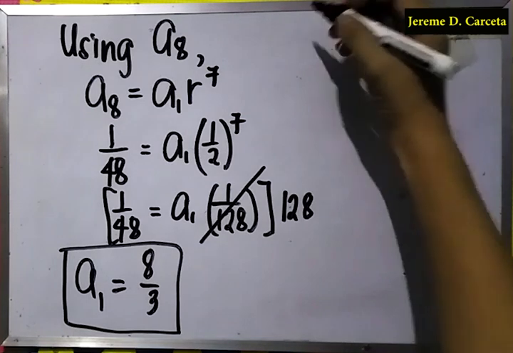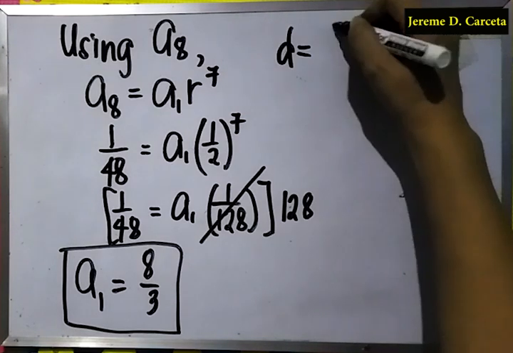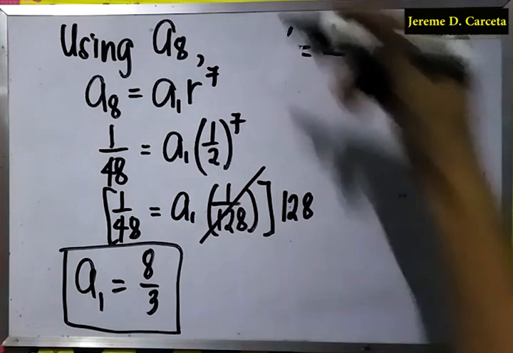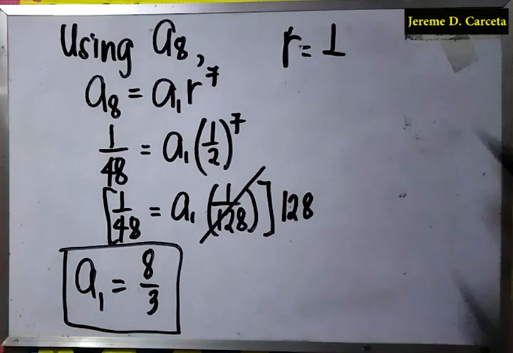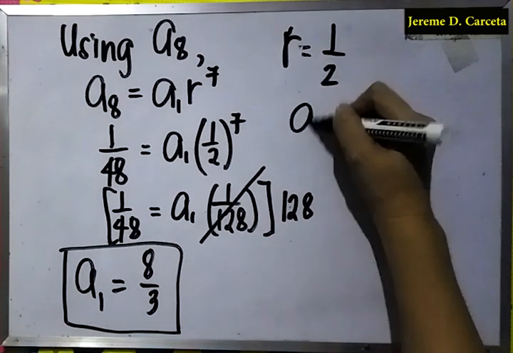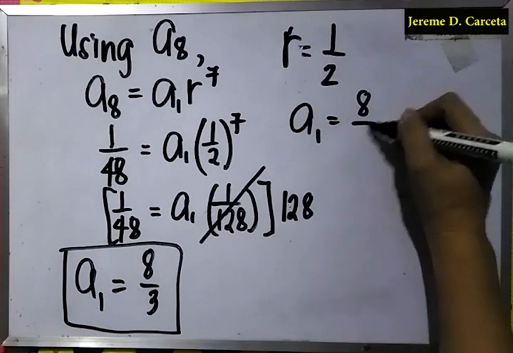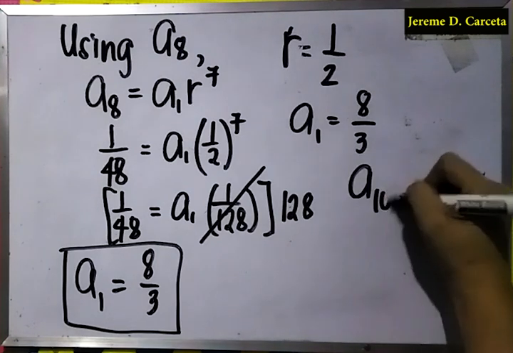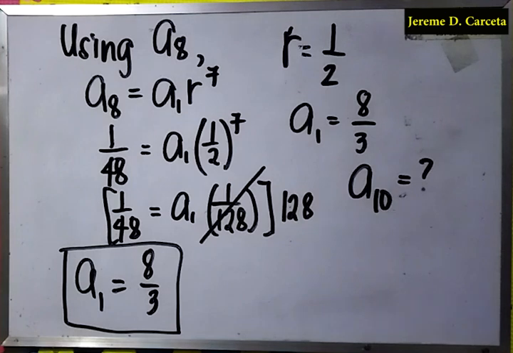So we already found the value of r, which is 1 half, and a sub 1 is equal to 8 over 3. So we have to find now for the last one, the a sub 10, or the 10th term.